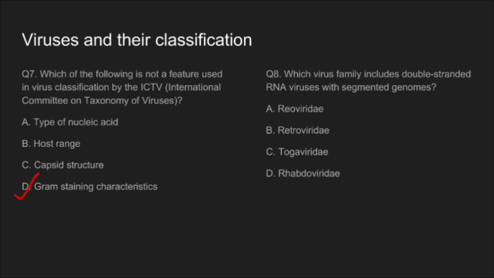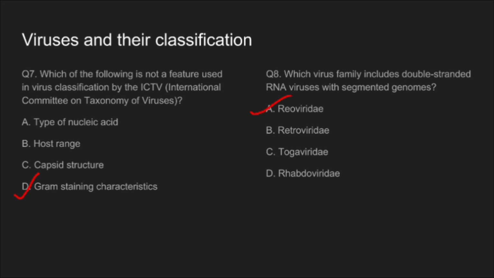Question number 8. Which virus family includes double-stranded RNA viruses with segmented genome? Options are A. Reoviridae, B. Retroviridae, C. Togaviridae, D. Rhabdoviridae. Your correct answer is option A, Reoviridae.